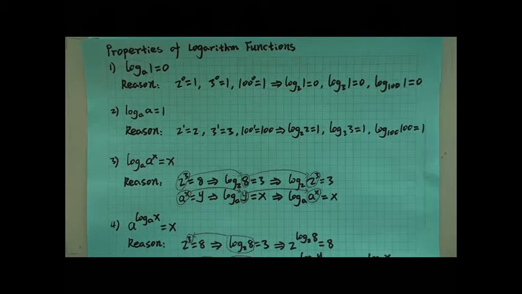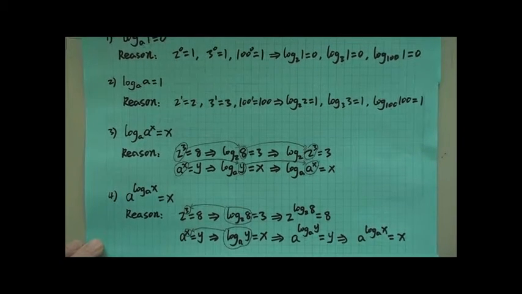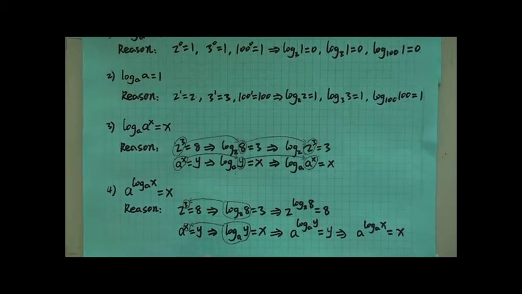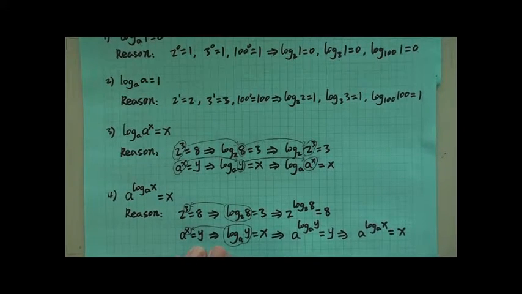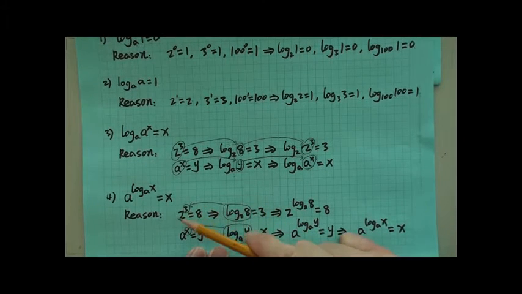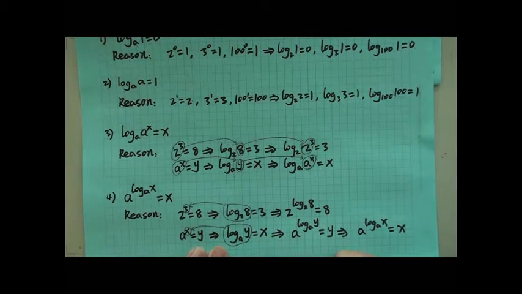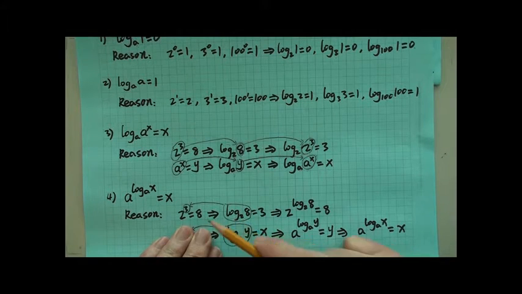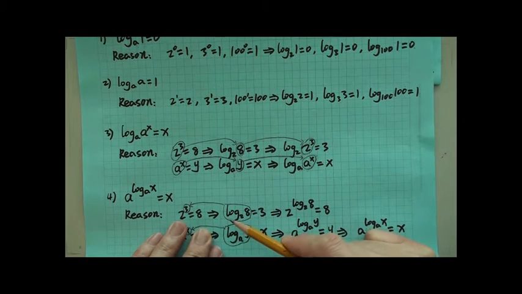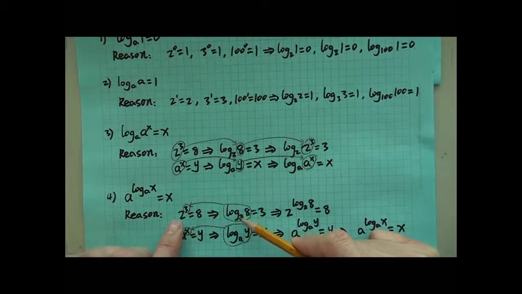Let's look at the property 4. The same reason. 2 cubed is 8 again, and in order to find out the exponent, you write log base 2. Here is the base, here is still the base, just smaller.